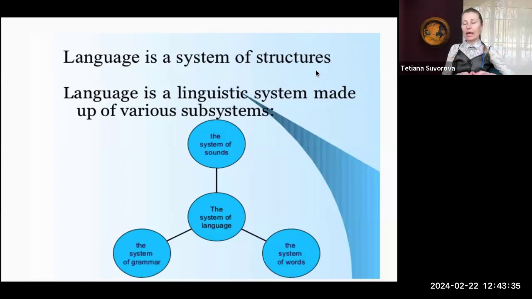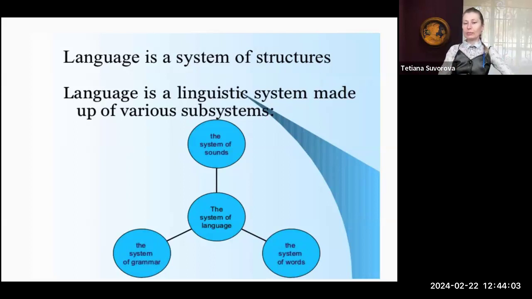We can compare also the functions of words in the sentence. If we have classified into nouns, we can compare whether we have nouns in one language and in the other, and whether they can express the same or something different and function differently. So having this basis for comparison, now we can start.